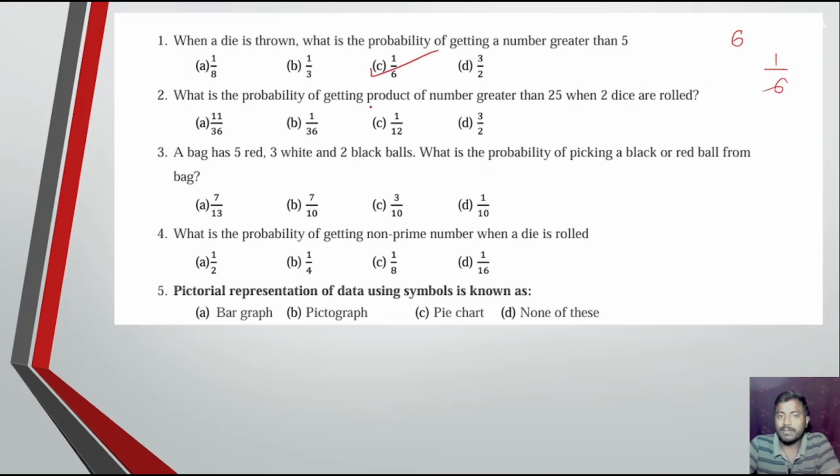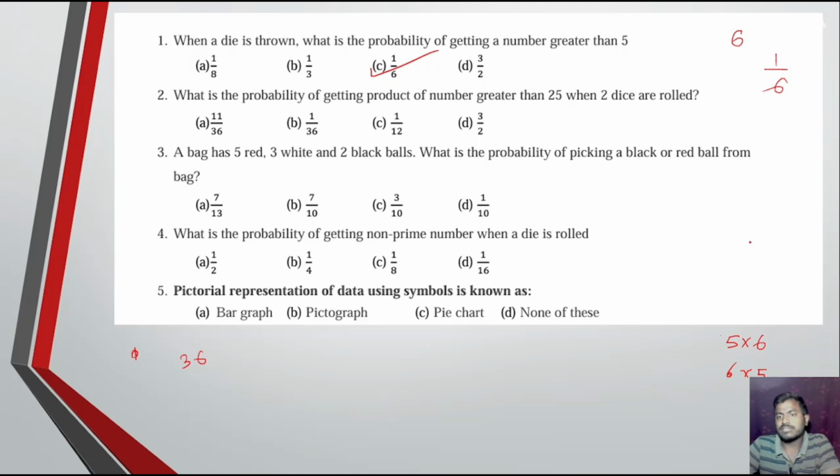What is the probability of getting a product of the numbers greater than 25 when 2 dice are rolled? We know that with 2 dice the total number of possibilities is 36. Greater than 25: 5 into 6 is 30, and 6 into 5 is 30, which are greater than 25, and there are no other numbers.